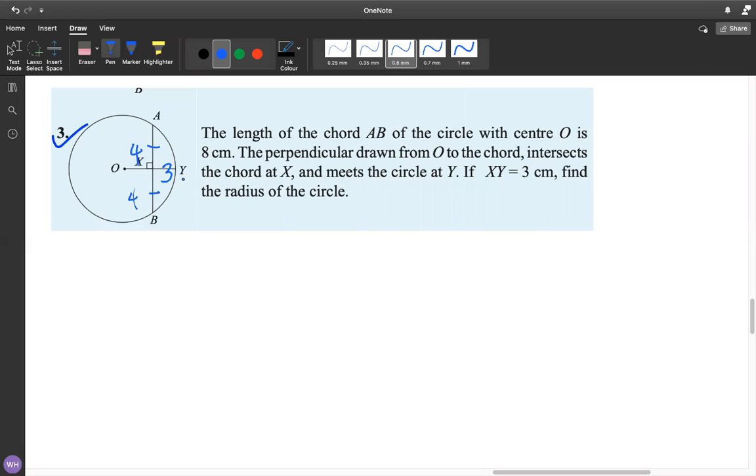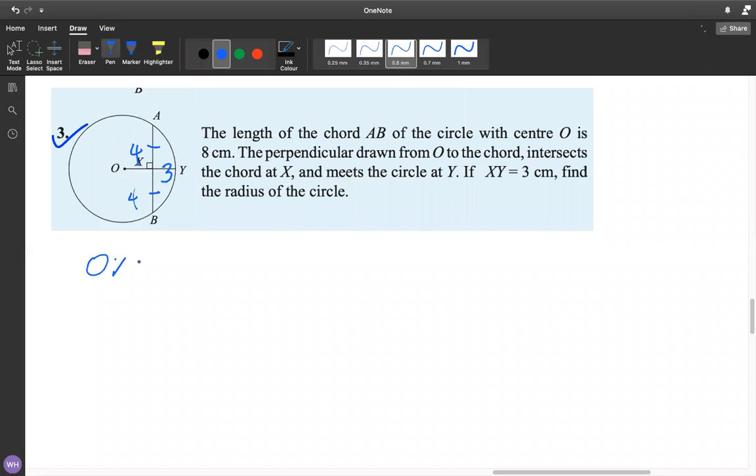Yes, so you have to find the radius. Okay, how can you find it? Any idea? Yes, you can build up a Pythagorean relation, right?